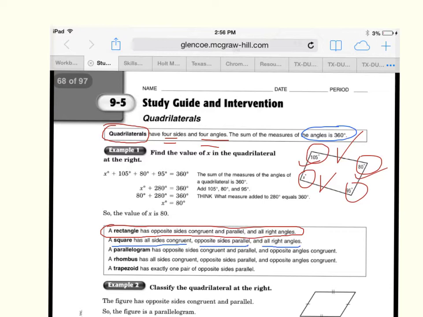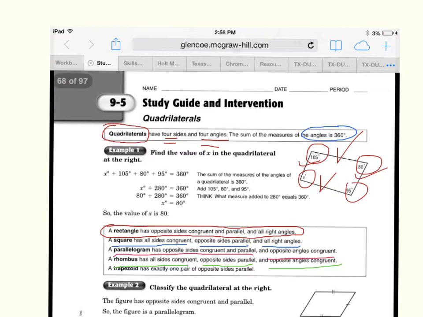Parallelogram, opposite sides are congruent and parallel. Opposite angles are congruent. A rhombus, all sides are congruent, opposite sides are parallel, and opposite angles are congruent.